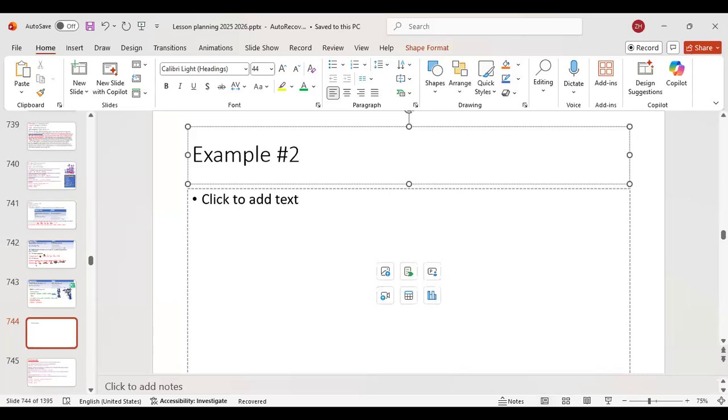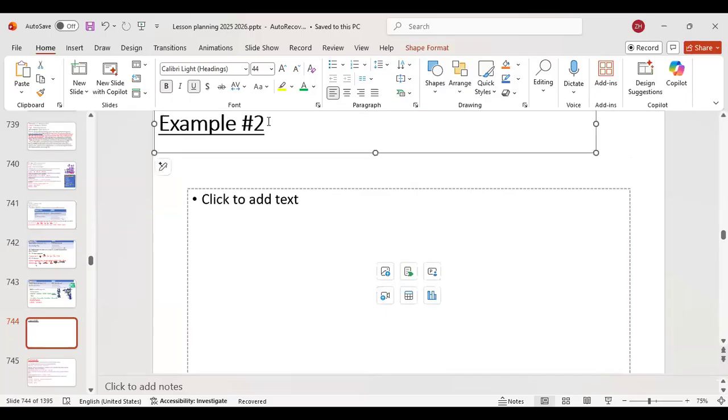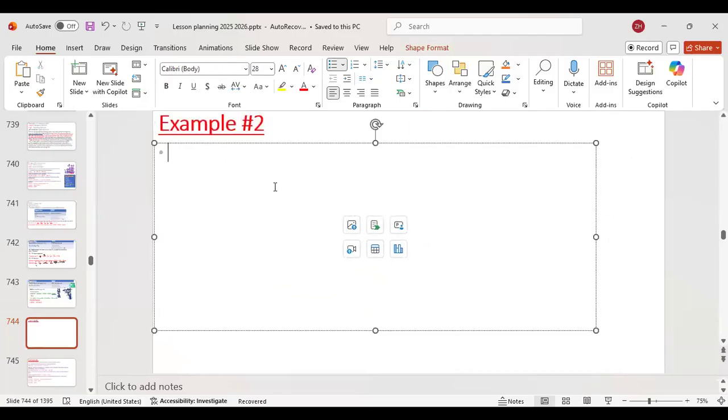All right, example number 2. So this is going to be another example. This is probably going to be our first in a long time traditional hire purchase question, which I love. I like the traditional ones. I don't like the ones where they say, find the interest. I just want a traditional one, like just give me the deposit and the monthly payments.